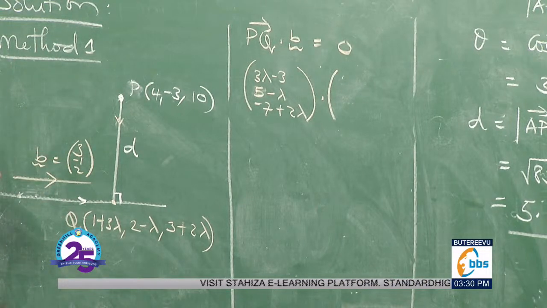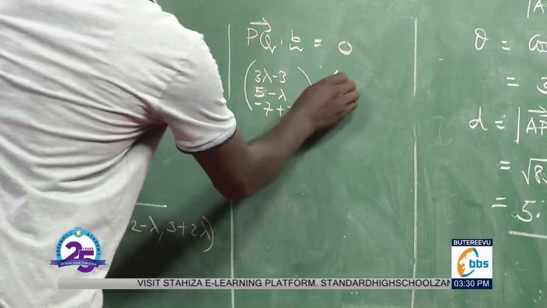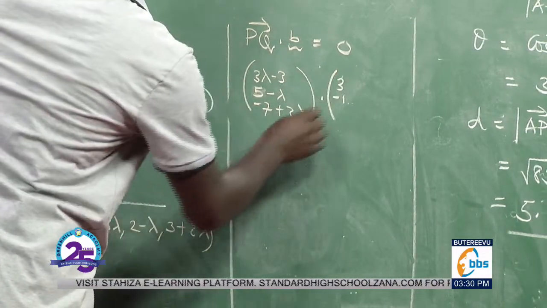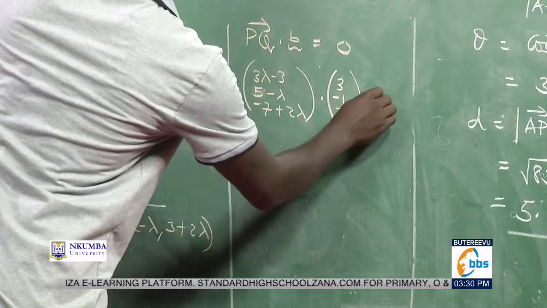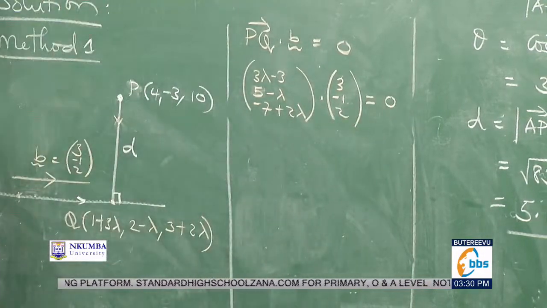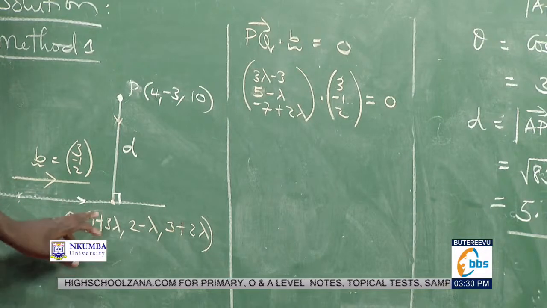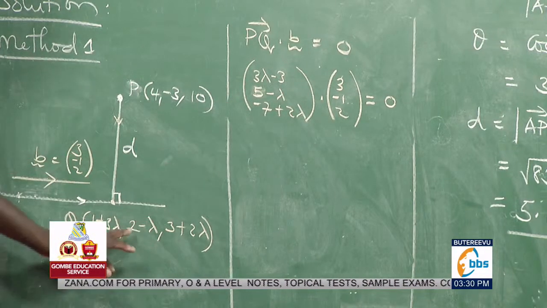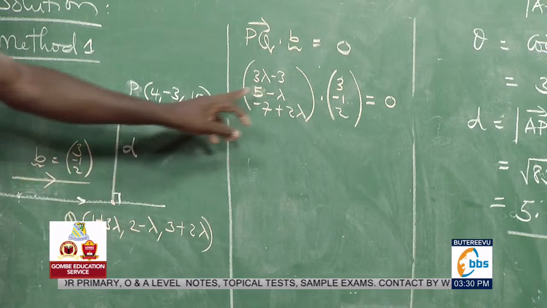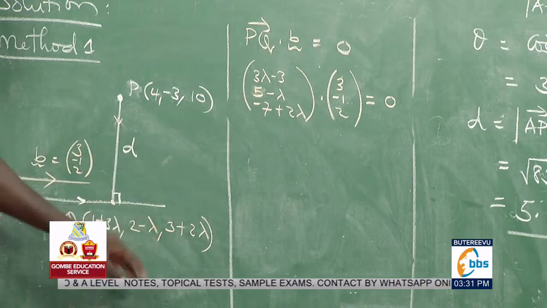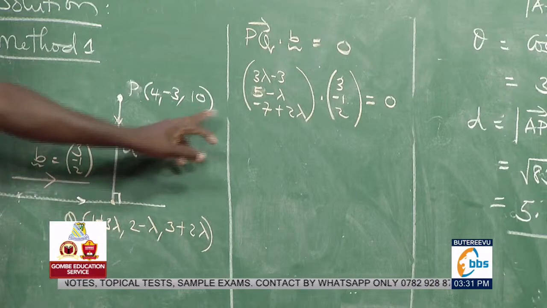You correct it. So B, we have (3, -1, 2). This is going to be equal to 0. So I hope everything is clean. 1 minus 4 is -3, 2 minus 3 is 5, and 3 minus 10 is -7.